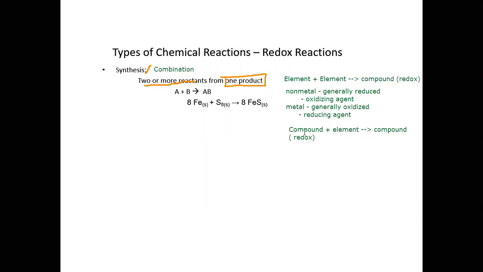So on this type, you would have to look at each oxidation number and see what the change is. And then the last combination is when you have multiple compounds give one compound. And this is generally not redox.